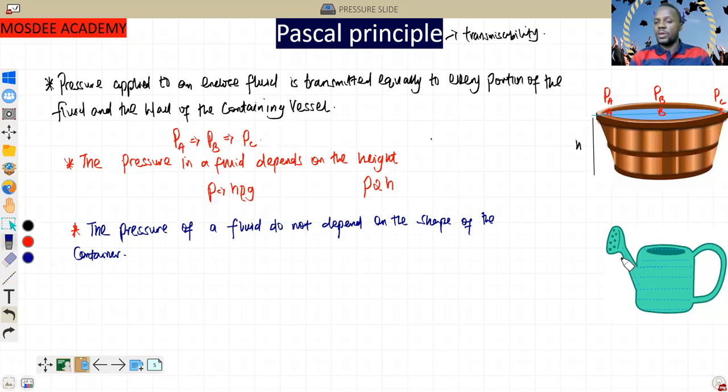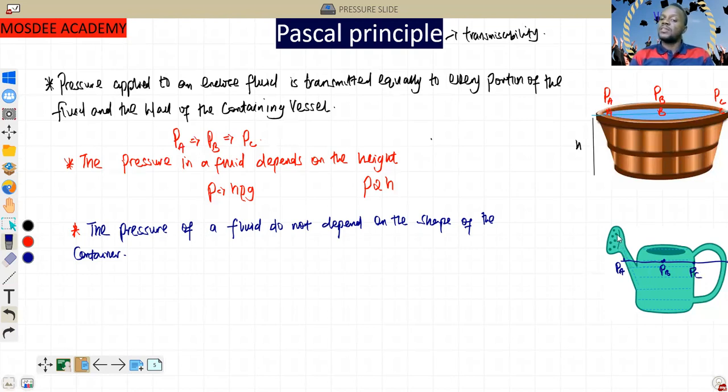Now, inasmuch as we are taking the point here, like what we've talked about, the pressure at each point is still always going to be the same thing. And that is what we have been talking about. So the pressure at the point here, we call point A. We take another one, this is point B. We can take another one here at point C, and it will still be equal.